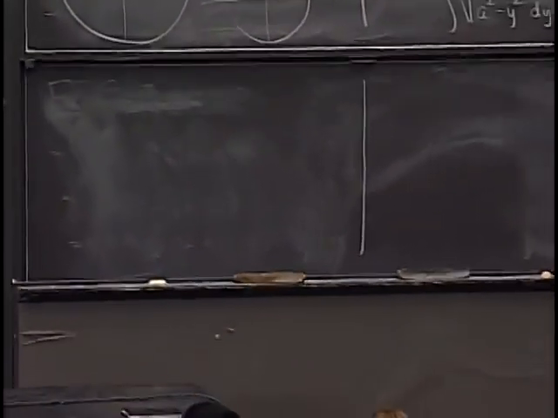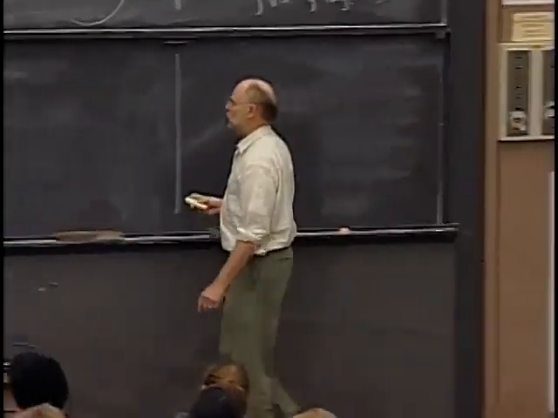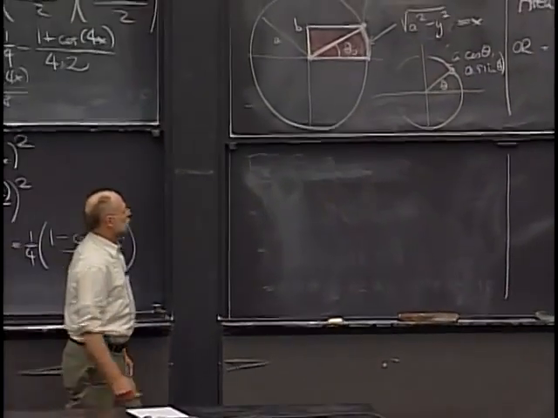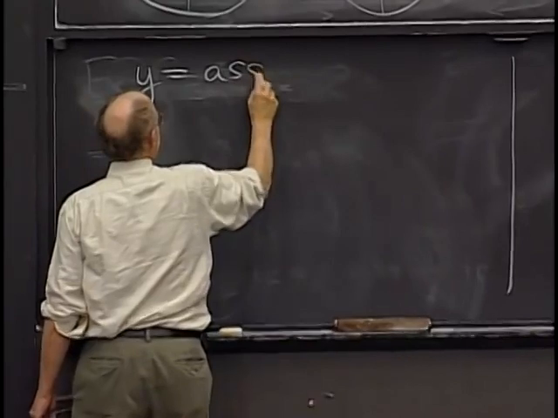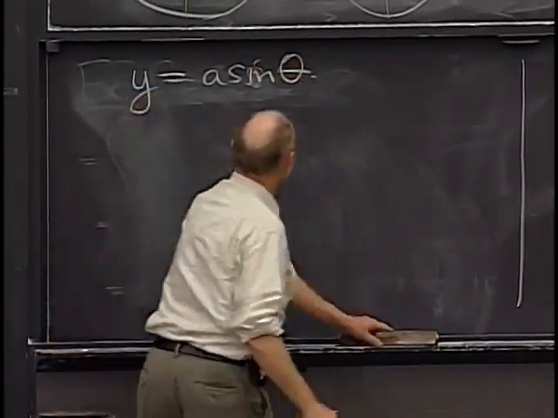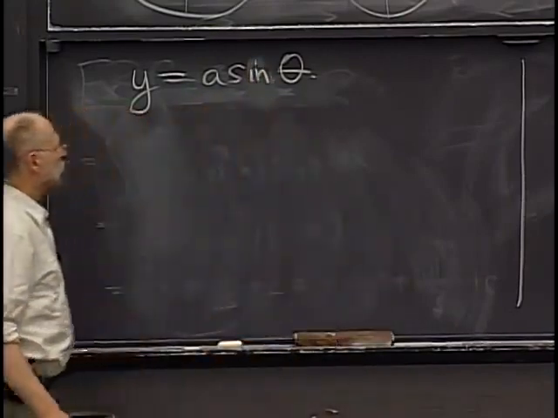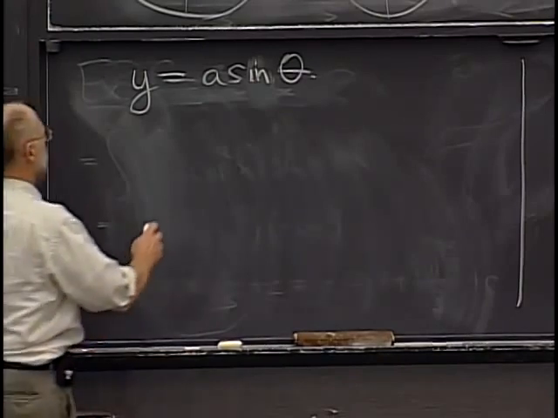So x is a cosine theta, and y is a sine theta, just from looking at the geometry of the circle. So let's make that substitution. y equals a sine theta. I'm using the picture to suggest that maybe making this substitution is a good thing to do. Let's follow along and see what happens.